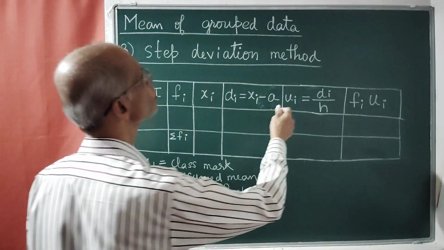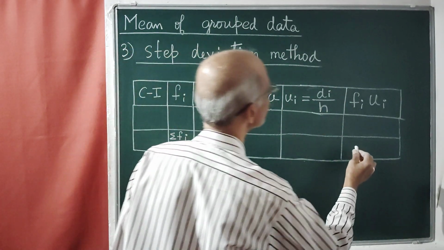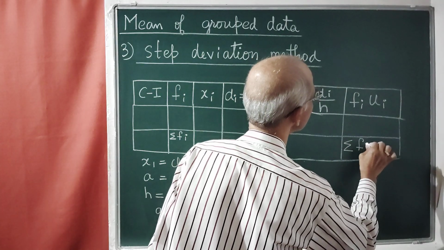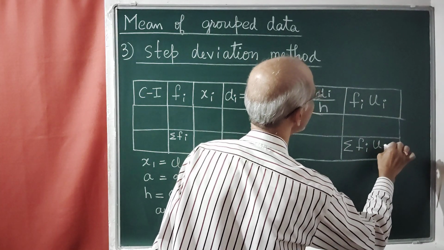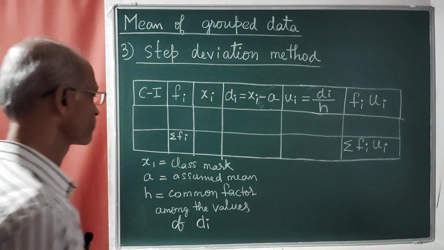To find ui, you have to divide di by h. Then in this column, you have to find sigma fi ui. You have to add all the values of fi ui and find sigma fi ui.